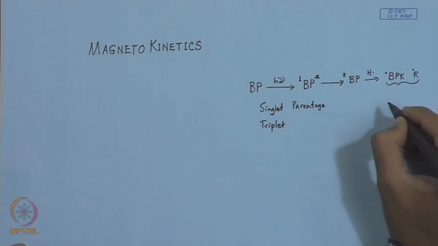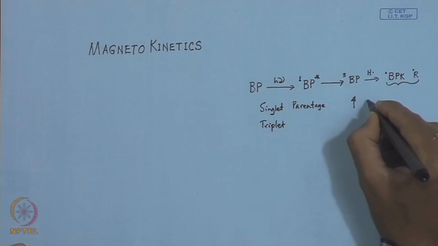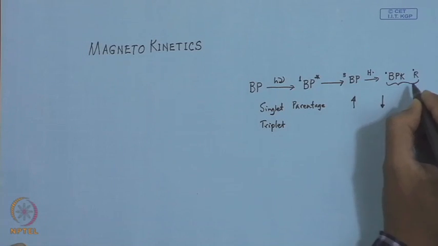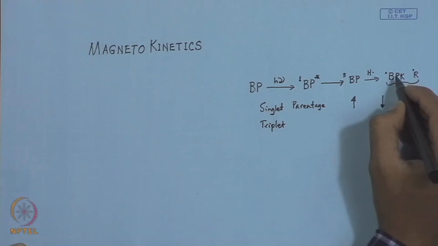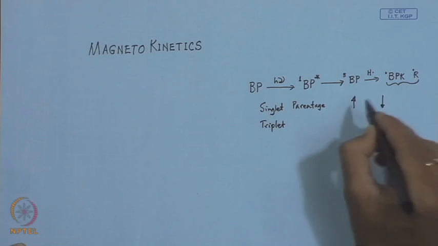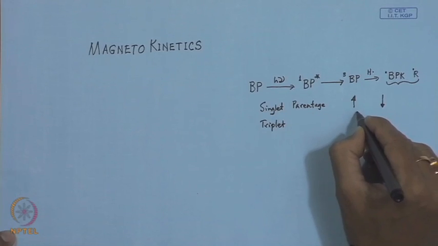For singlet, the two spins are opposite, and they are located on different parts, one on BPK and another on R, with a finite separation between them.